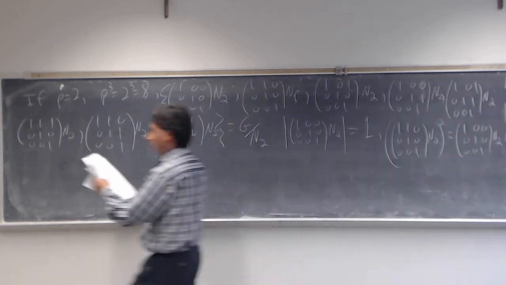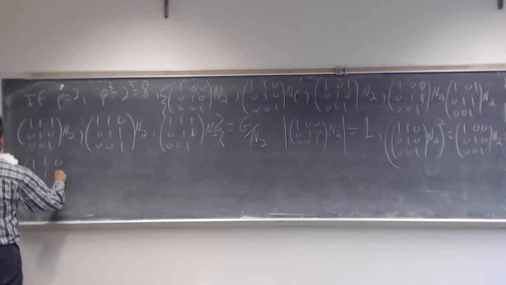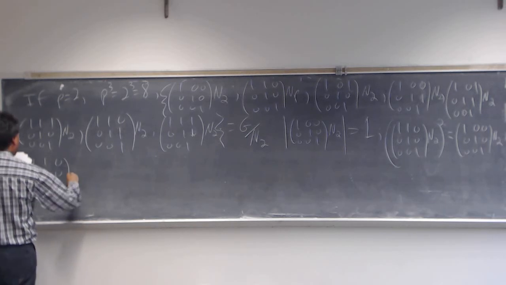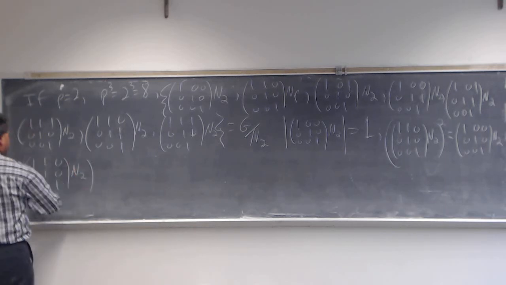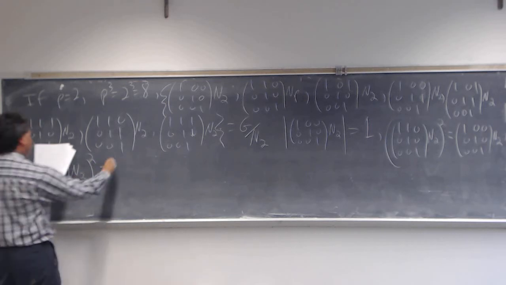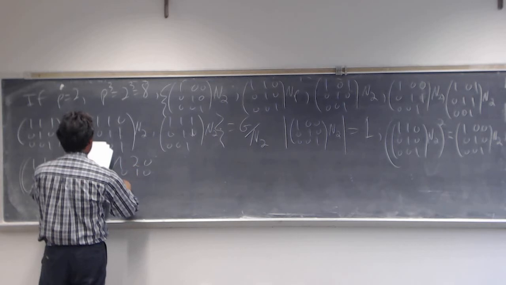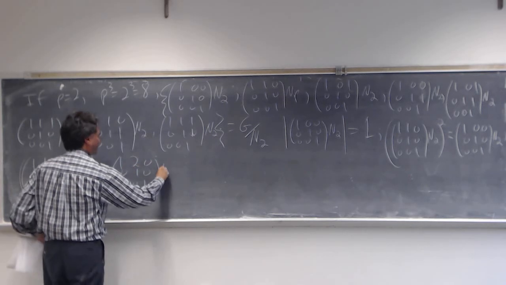So let me provide a little bit of details here. Maybe skip a step or two from what I put in the notes. So if I square it, the way you square a coset, I just square this matrix. I would get 1, 2, 0, 0, 0, 1, 0, 0, 0, 1, and 2.